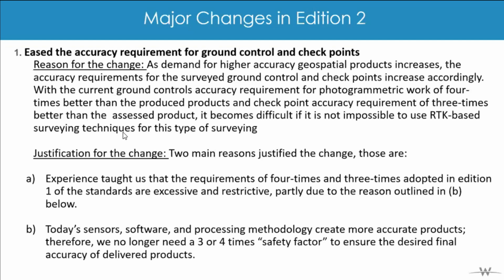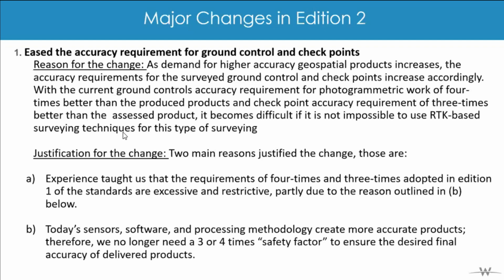It used to be 3 here and 4 times here, but now across the standard we use the measure of 2 times more accurate, whether vertical or horizontal, whether control point or checkpoint. If you are testing accuracy, your testing agent, the checkpoint, has to be twice as accurate as the product.